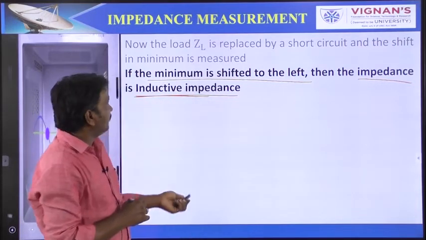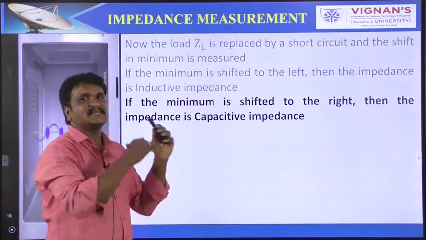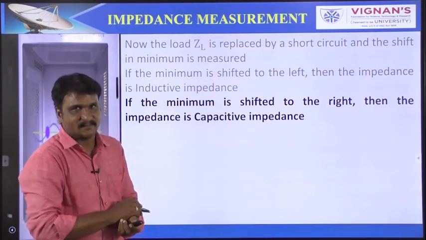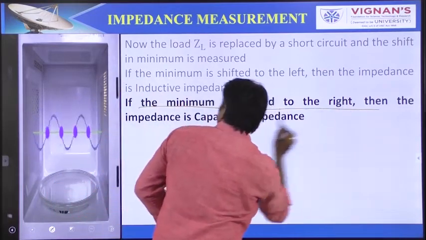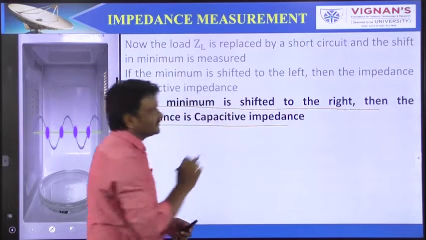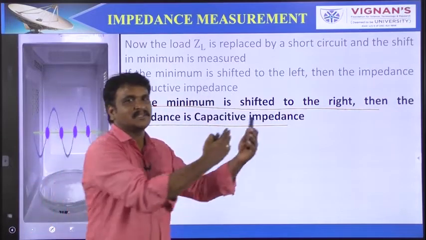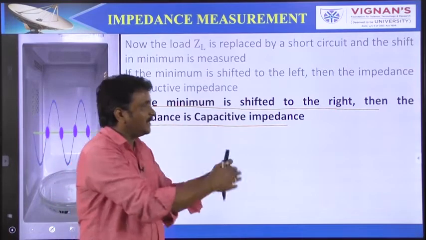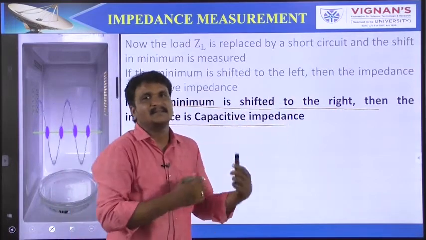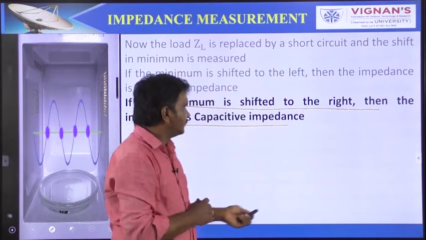If the same minimum is shifted towards the right direction, then the impedance is capacitive. If the minimum shifts towards the left, that is inductive impedance. If the same minimum shifts towards the right direction, that is capacitive impedance.